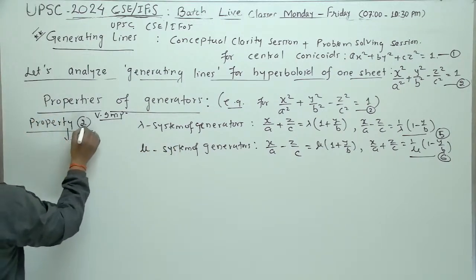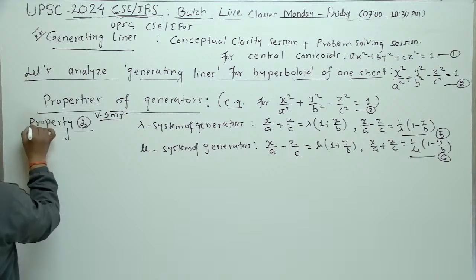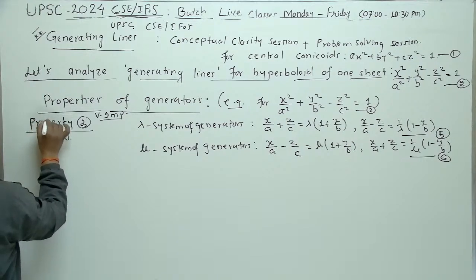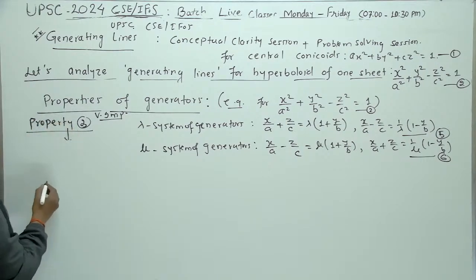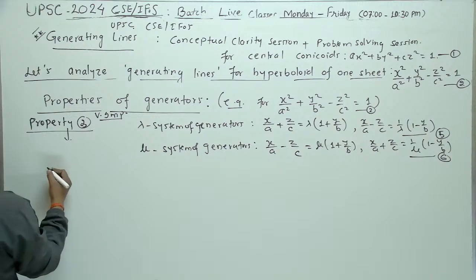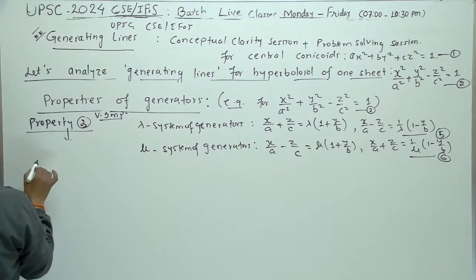So third property is, देखेंगे ध्यान से. Write down please the property.